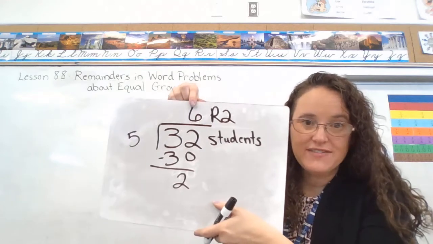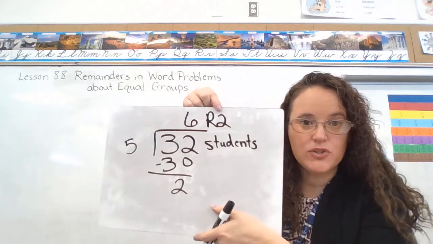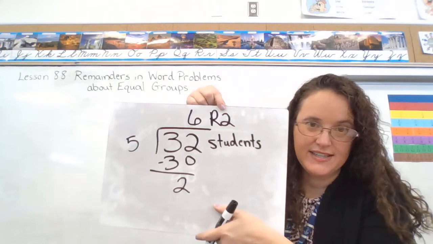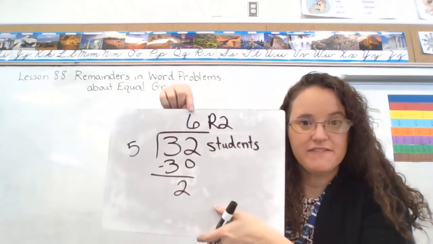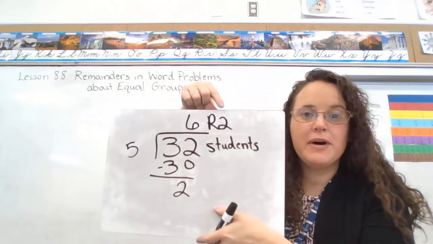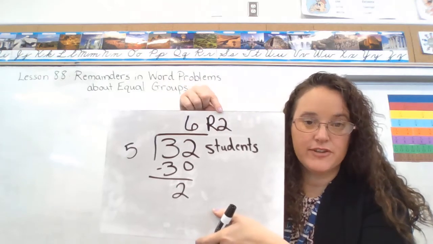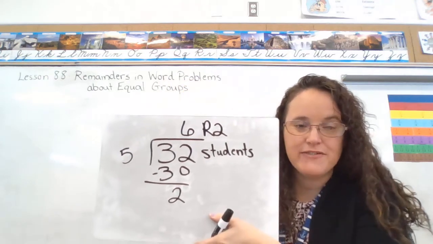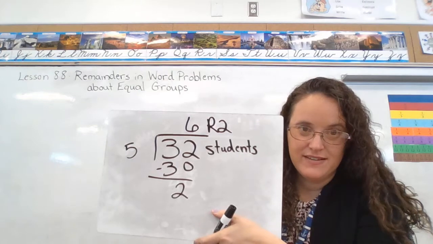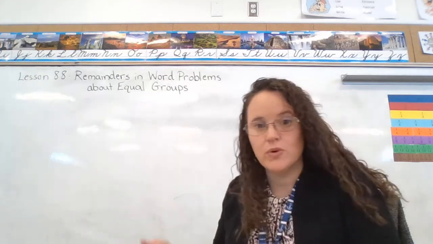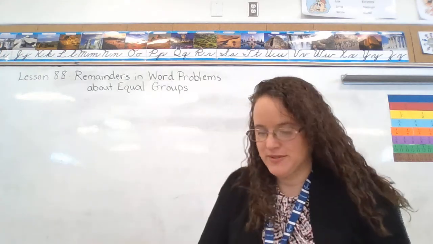If I only have 6 tables, I'm going to have 2 students with nowhere to sit, because that's my remainder. I can fill 6 tables, but I'll have 2 students left over. So how many tables will be needed for the banquet? 7. Even though it won't be full, we'll need 7 tables.